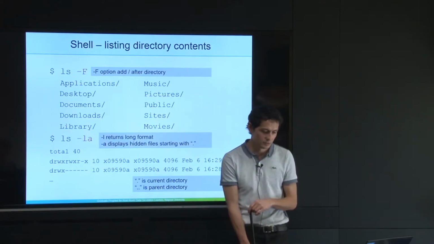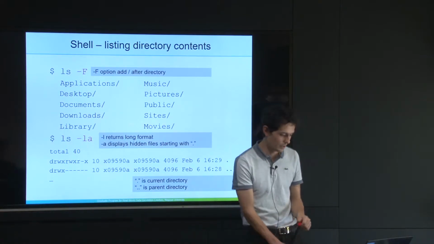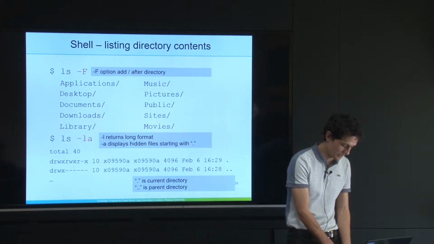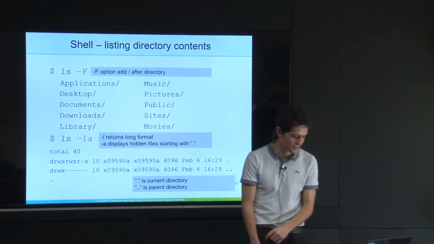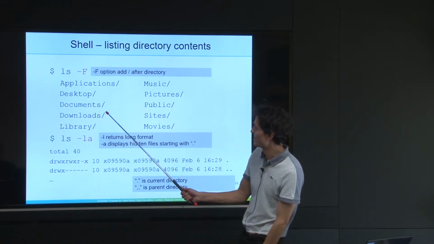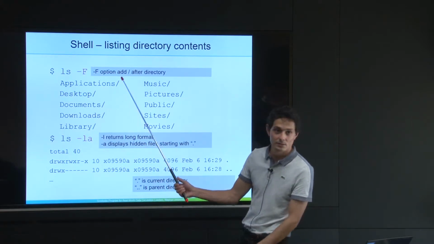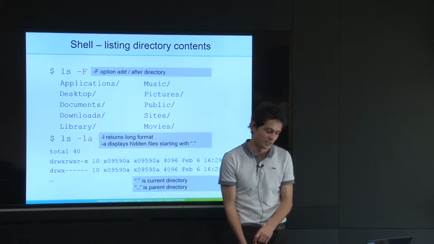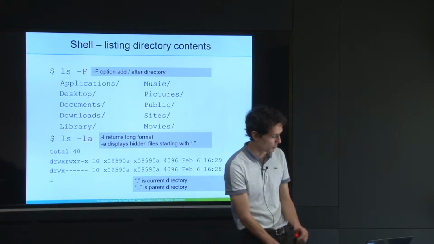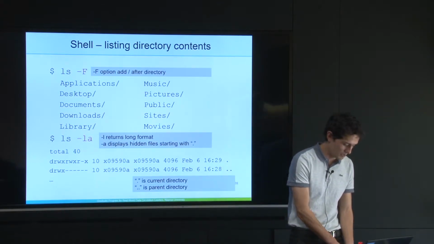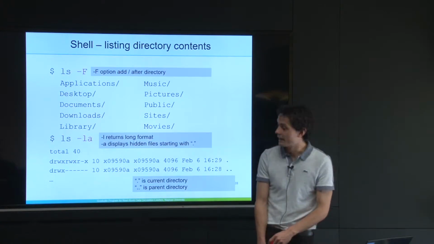Here's another one. If we go ls minus f, it gives the slash to show the directories. Pretty trivial. Or another variation of the A one, ls hyphen la, gives heaps of information.